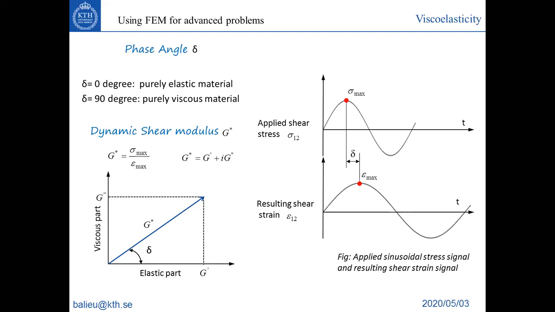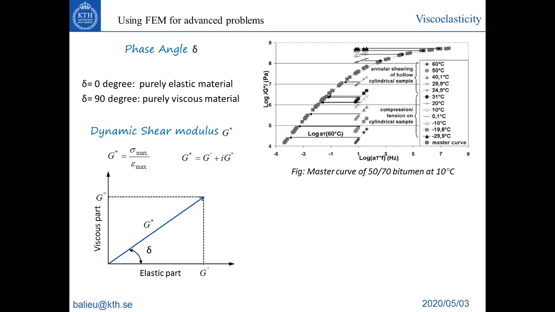So this is the DSR. You can characterize the viscoelasticity of a material by using this. How can you plot it? Here it's not the relaxation modulus, but the shear modulus. And here I plot not in terms of time, but in terms of frequency.